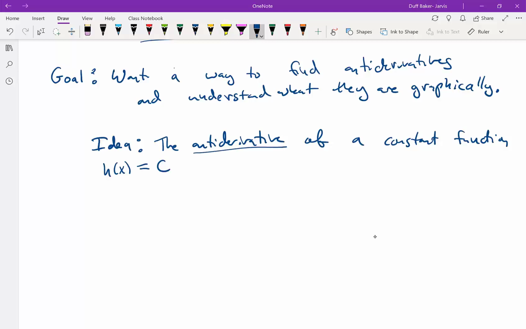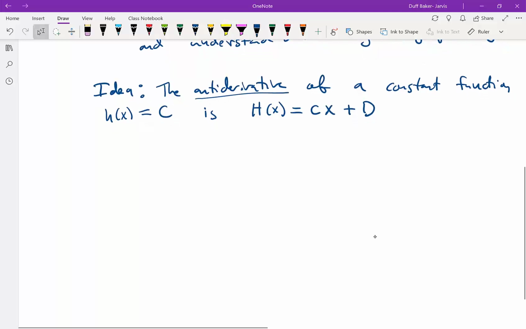And the antiderivative of a constant, we've learned by now, I'll call that capital H for the antiderivative version, would be just c times x plus possibly another constant, right? Okay, so that means a constant function is like a horizontal flat line, and that means its antiderivative is a slanted line, right?